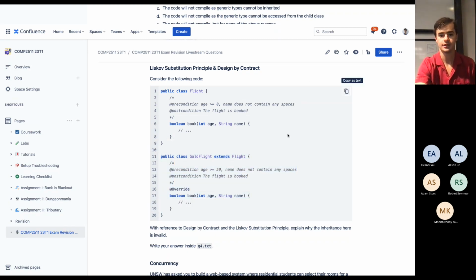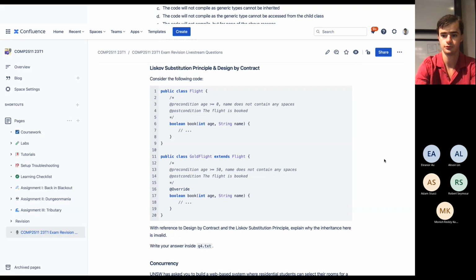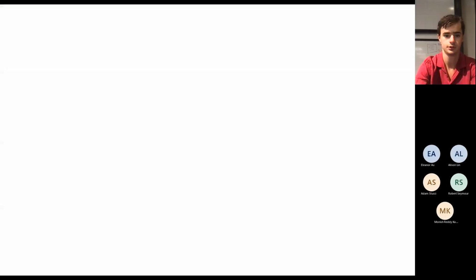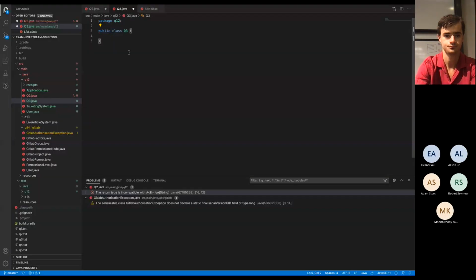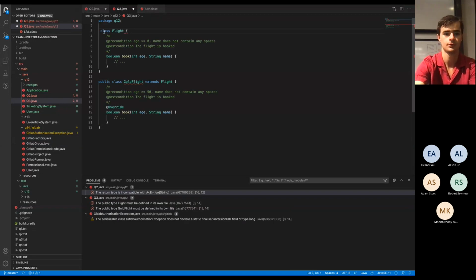So let's make another Java class here, Q3.java. I'm going to swap my screen share. All right, here we go. Here's my flight class and here's my gold flight class. I'll zoom in a bit.